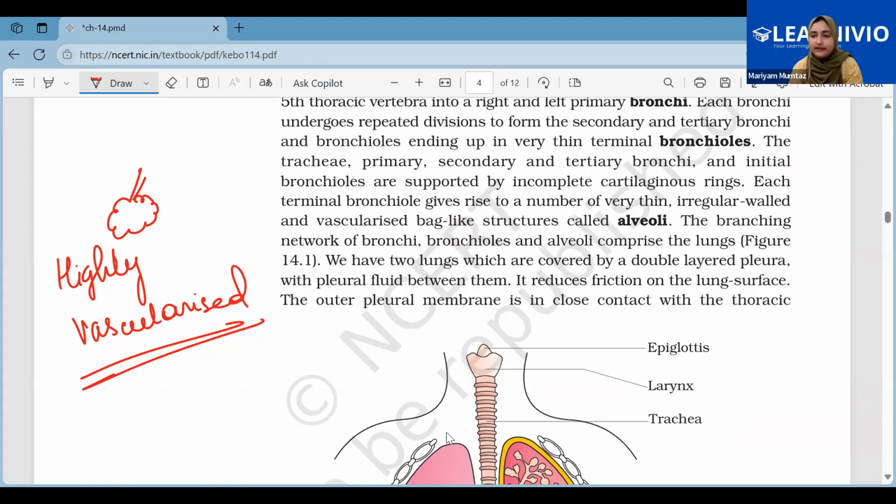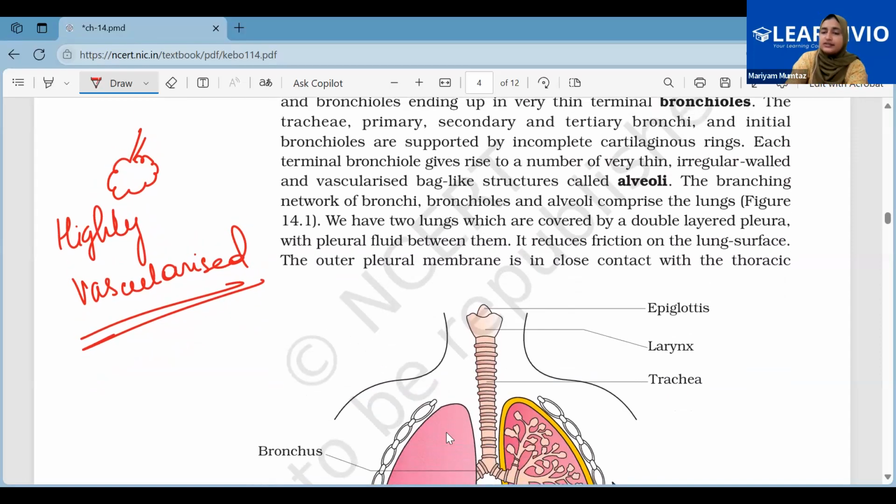Highly vascularized is when anything is very richly supplied with blood vessels. It has a lot of blood vessels. So as soon as the gases are present in the alveoli, they can easily diffuse into the bloodstream. So that is why.